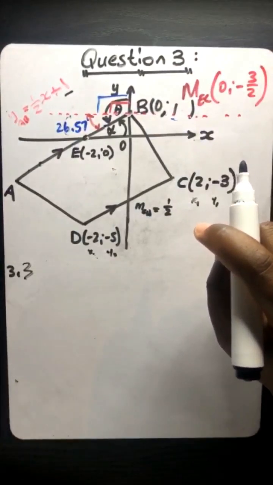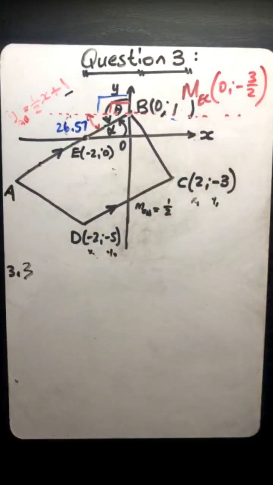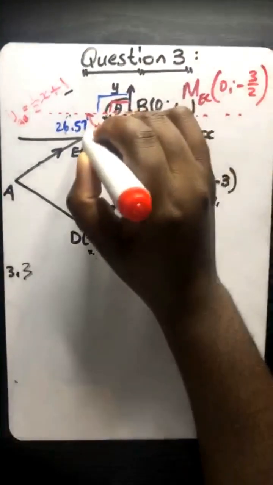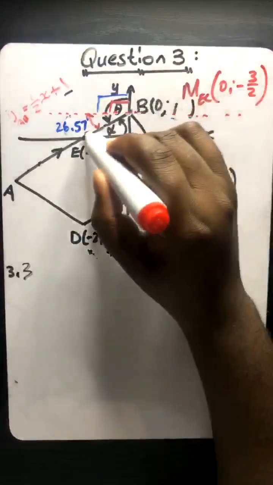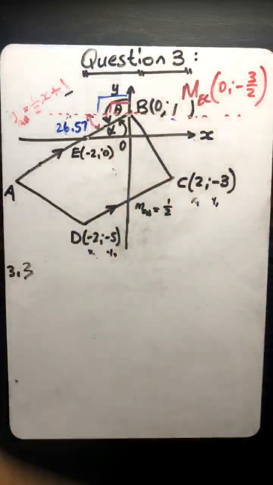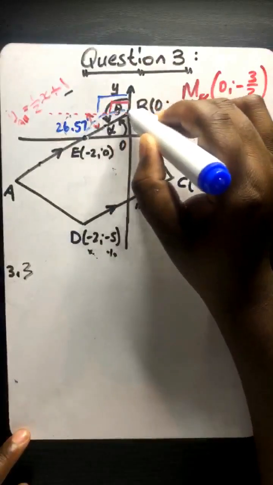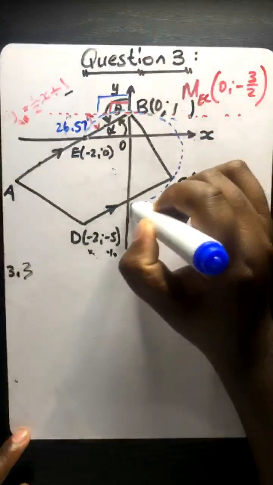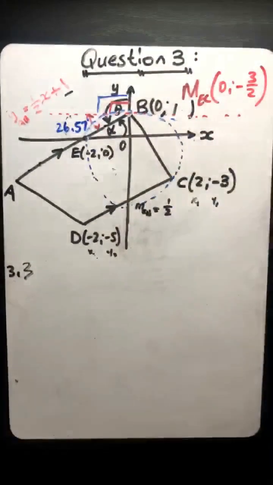There is E, there is B, there is C. They are simply saying that if you had to draw a circle, it passes through those points.